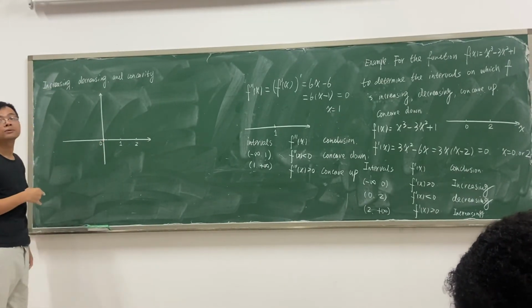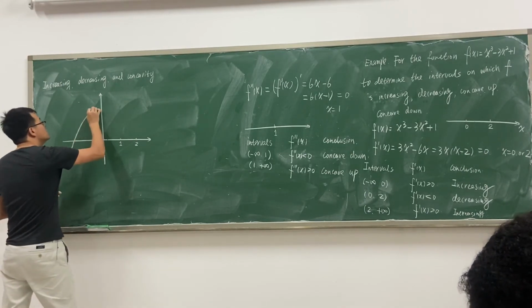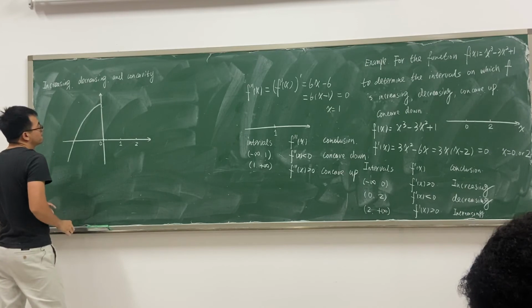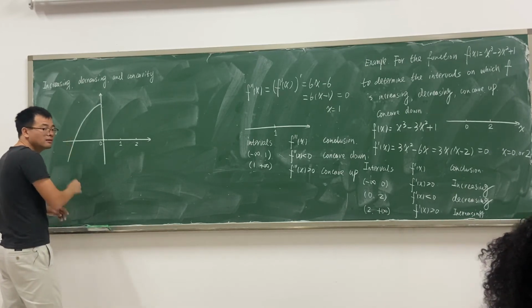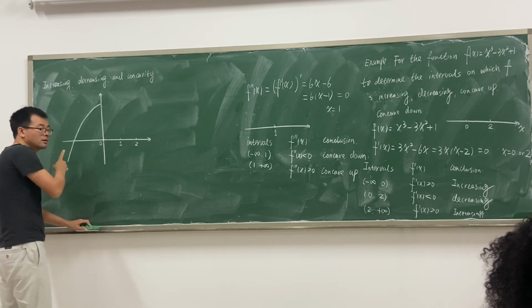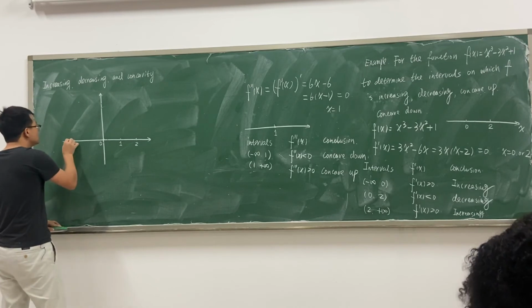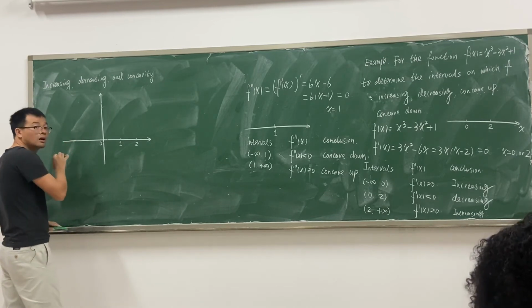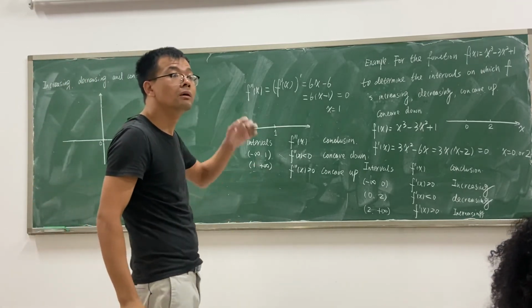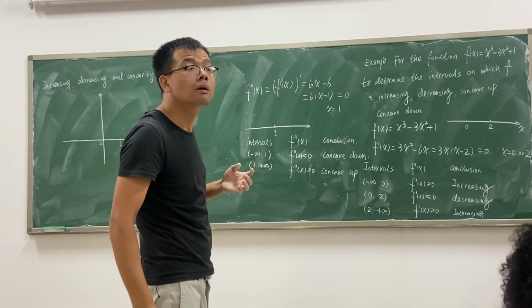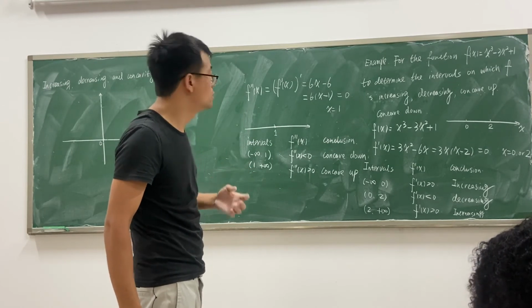So it's like increasing here like this. Here is concave up, concave down. No, here is concave up. I think from 0 to 1 we first look at increasing and decreasing, then concave down or concave up.